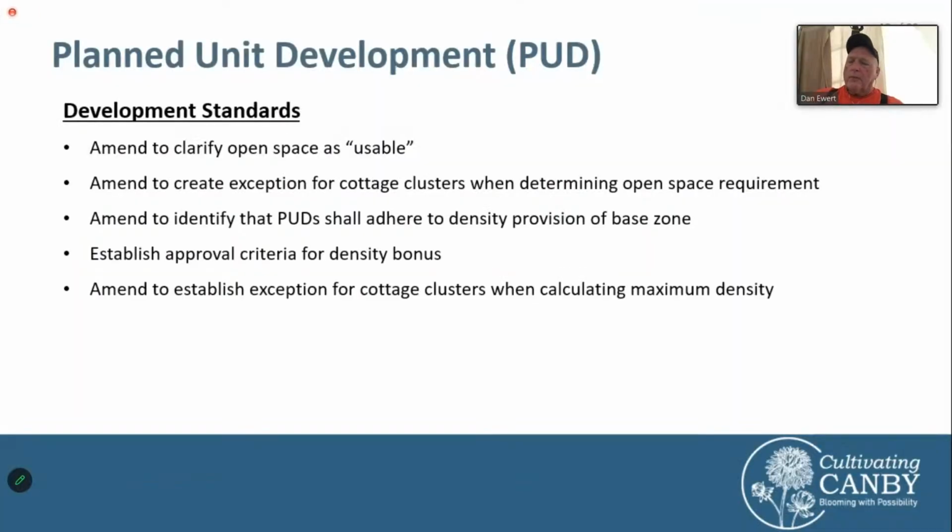Yeah, I want to chime in on that too, because when we talked about this before, we talked about the possibility of doing this case by case. If you've got a developer that wants to come in and do a cottage cluster, we sit down and look at it. We've got a code outline for cottage clusters, and if he can make that fit into a development, i.e. some developments that we already have going on that aren't building out, I personally think that's a much better way to do it.